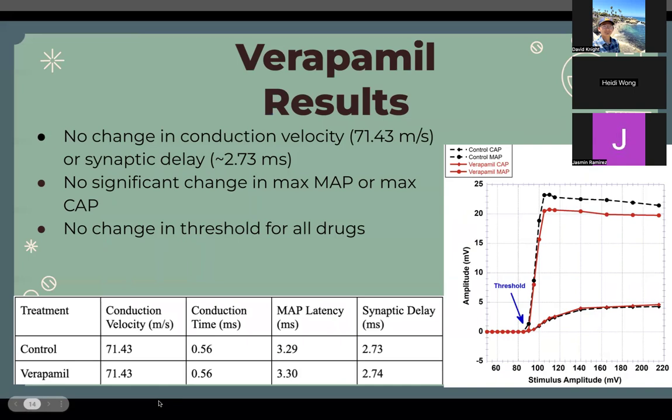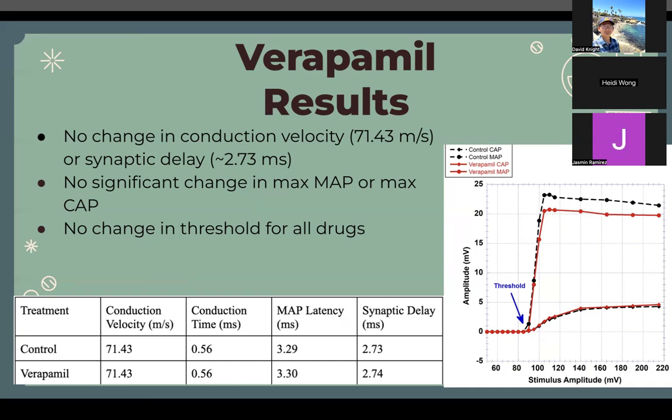So the first drug that we dripped onto the frog was verapamil, and we noticed that there was no change in the conduction velocity. It remained 71.43 meters per second, and the synaptic delay stayed consistent at about 2.73 milliseconds.